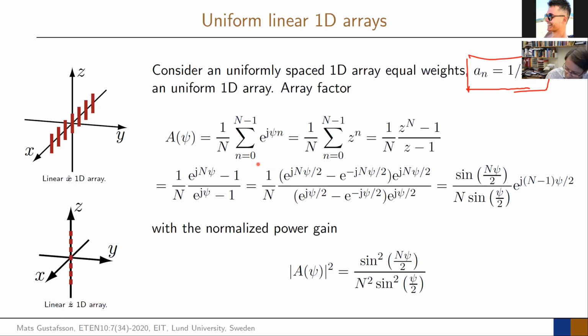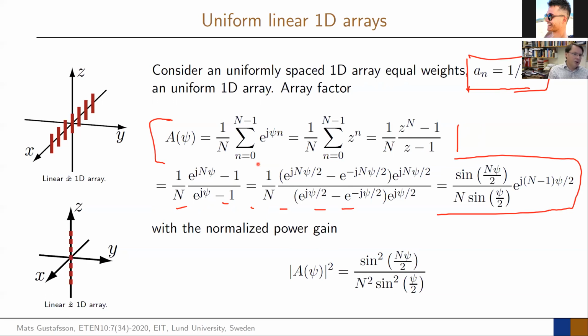And if we do that, I can write up my array factor. And then I should just sum all of these exponents. If I call them z, then I can sum them up here. It is, I think, a geometric series that we get in these cases. I can simplify it, and if I simplify this one here, I plug in and get my final result here.